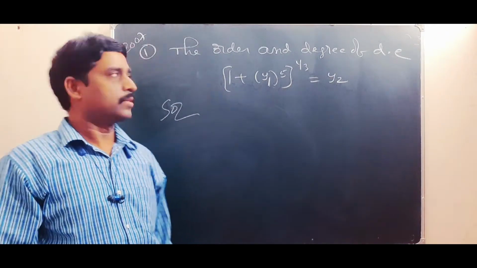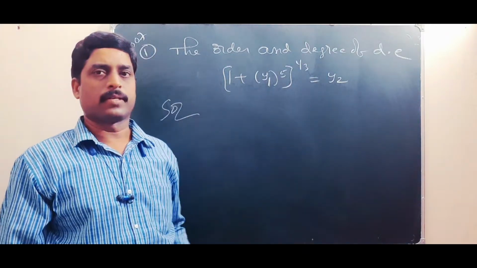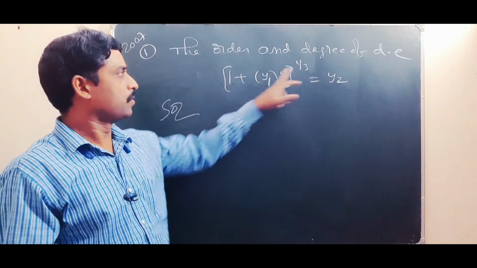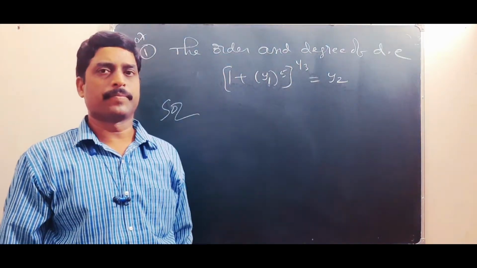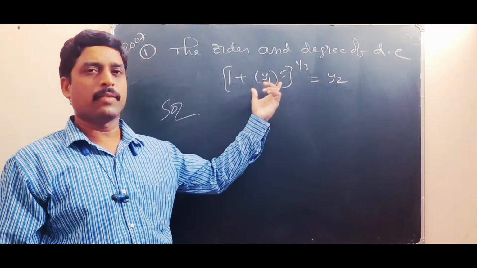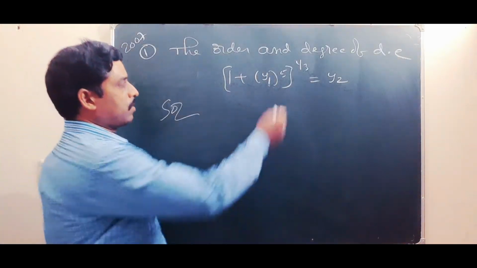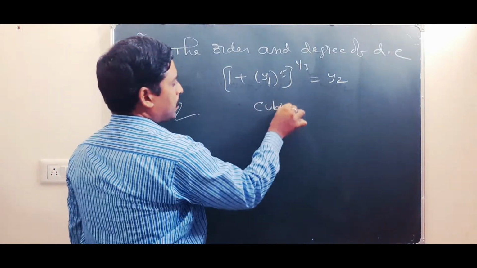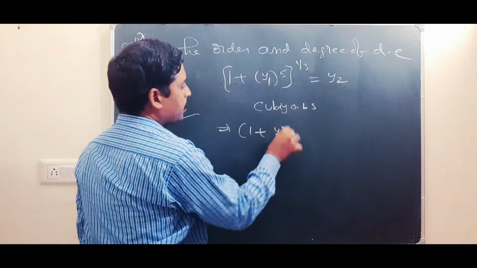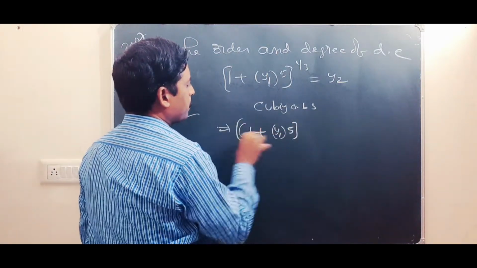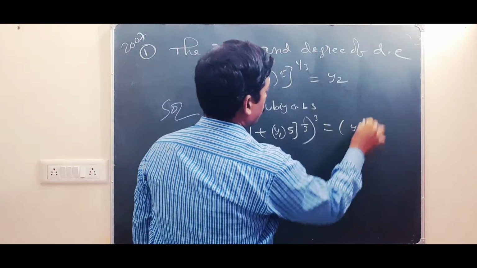Okay, moving to the next question. This is from 2007. Find the order and degree of the differential equation. What is given? 1 plus cube root of (1 plus y1 to the power 5) is equal to y2. This differential equation can be written as a polynomial equation. Cubing on both sides: ((1 plus y1 to the power 5) to the power 1 by 3) whole cube is equal to y2 whole cube.